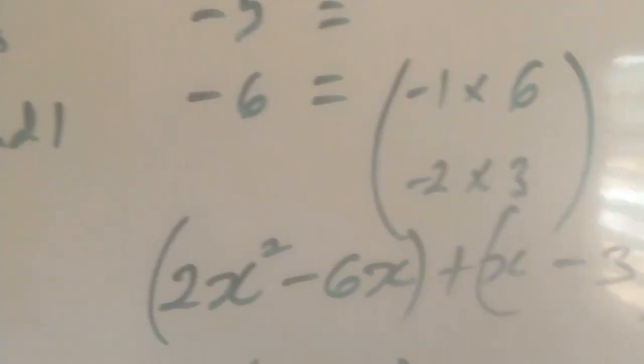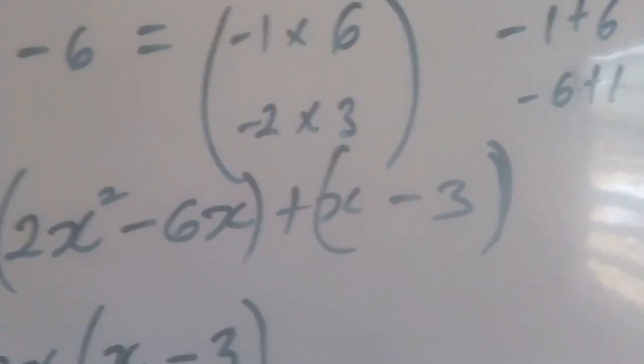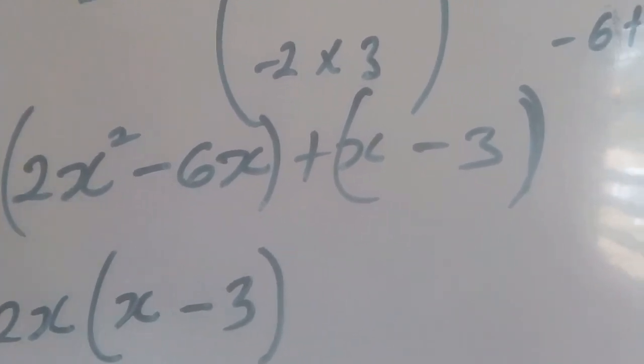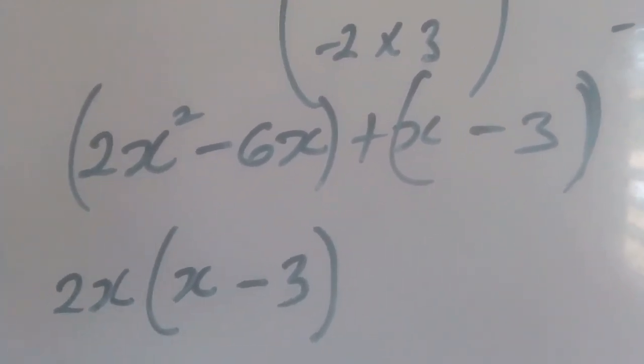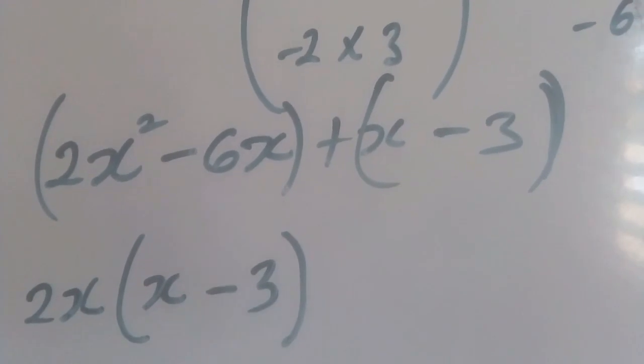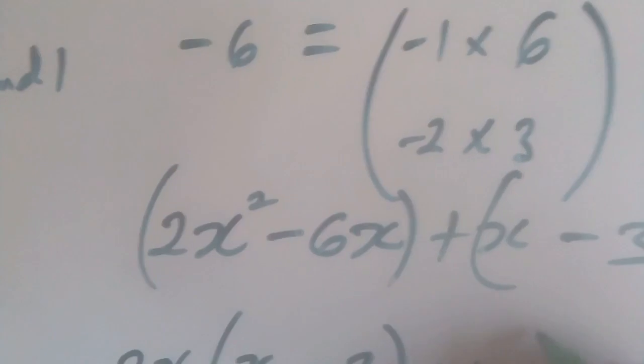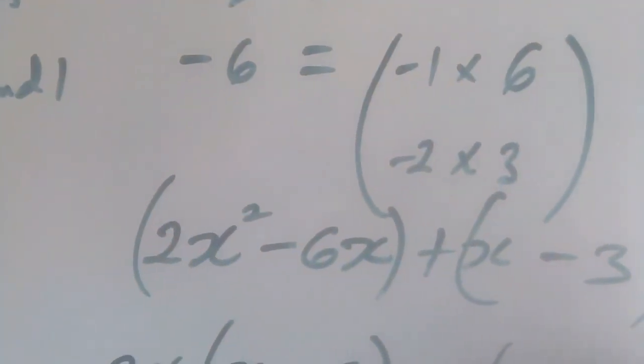Now in this second bracket, there seems not to be any number that is a common factor. When there is no number that is a common factor, that shows the common factor between them is 1. So we bring out 1 out of the bracket, plus 1, equals x minus 3.